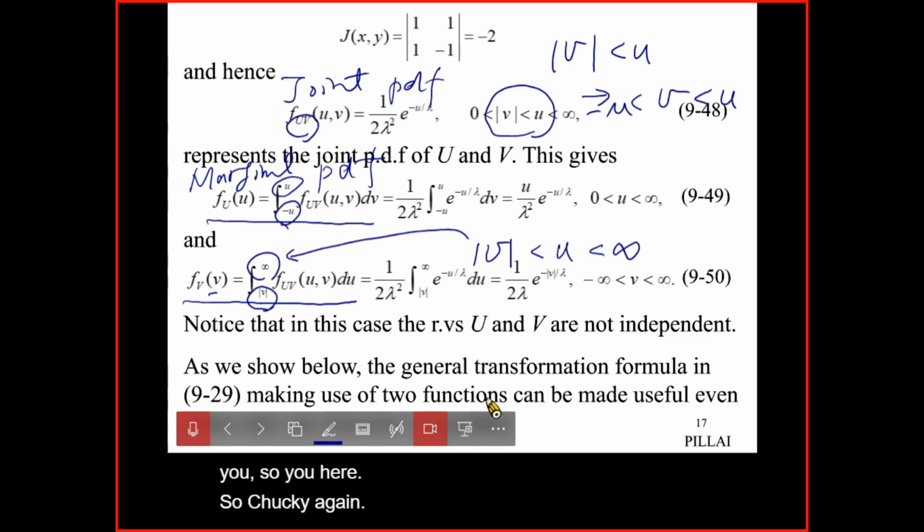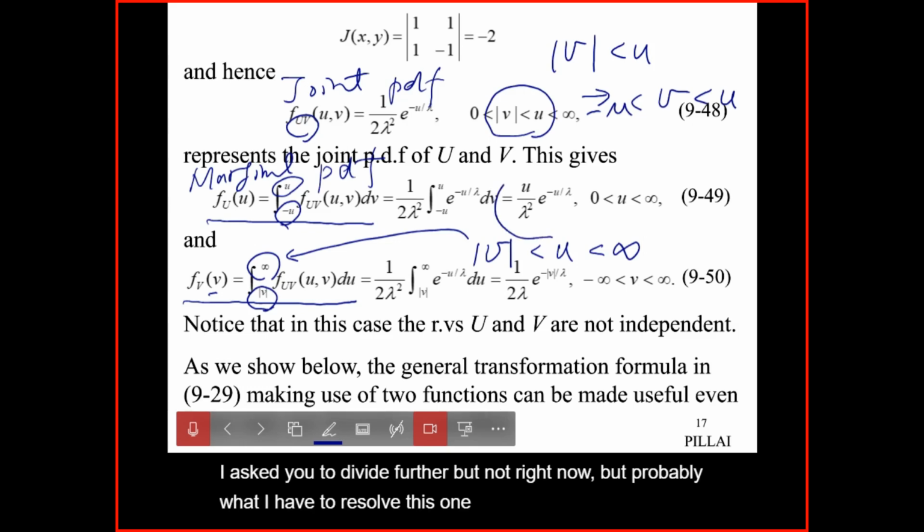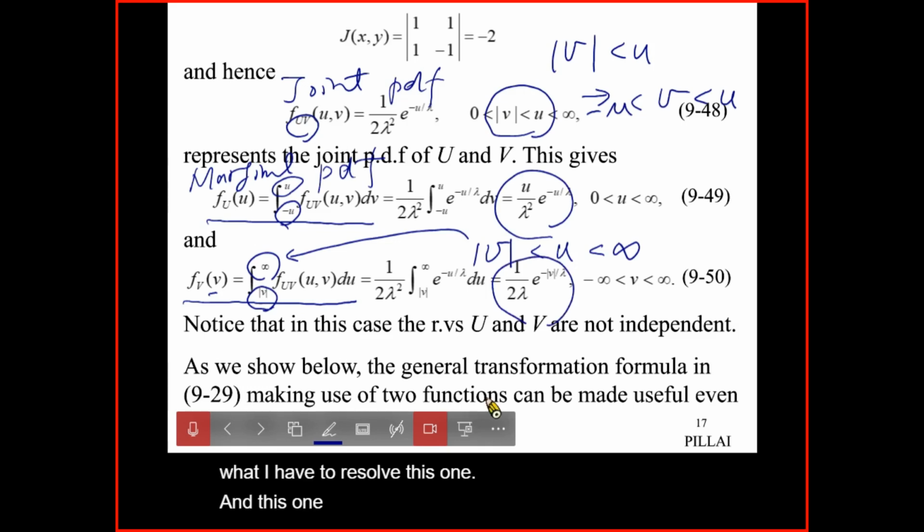Good. I asked you to derive further. Right now, finally we will have to resolve this one and this one.